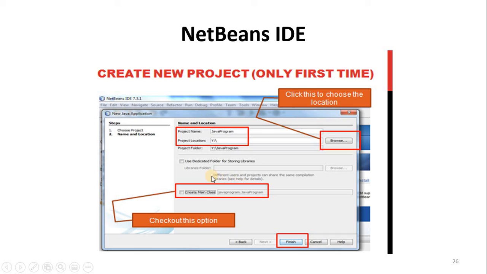In the next dialog, you will be able to locate where you are going to save the project. By browsing with the button, we locate where we want to save, and we give the project name. For every Java program, we need a main method, so you have to select that option, otherwise no main method will be created.